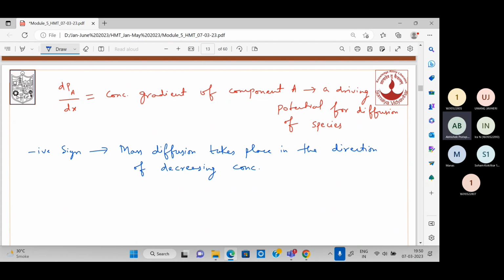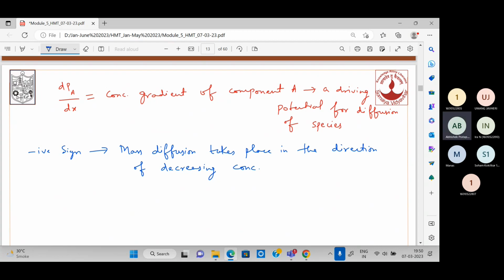If heat transfer takes place by conduction, we apply Fourier's law of heat conduction, so we write Q is equal to minus K dT by dx, where this negative sign indicates that heat transfer takes place in the direction of decreasing temperature. In a similar fashion, here we are talking about mass transfer, so the significance of the negative sign is that mass diffusion takes place in the direction of decreasing concentration.